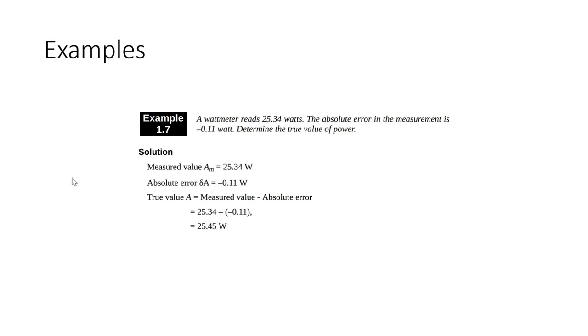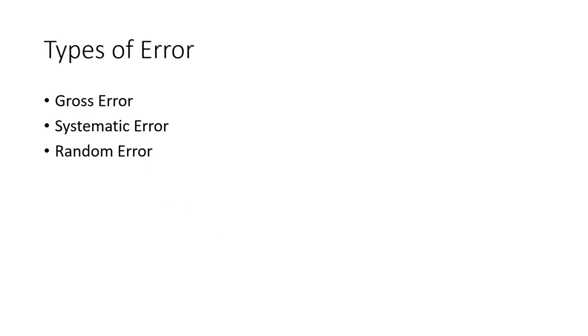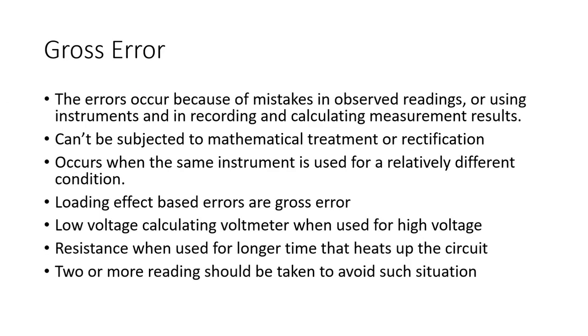Let's have some discussion on the types of error as well. So there are three types of error: the gross error, systematic error, and random error. The gross error occurs when there is no mathematical treatment for an error.